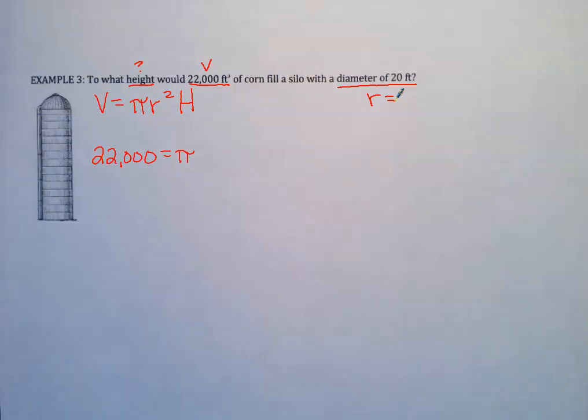So what's our radius? 10. The diameter is 2 times the radius. Okay, so this is pi times 10 squared times h, because we don't know it.